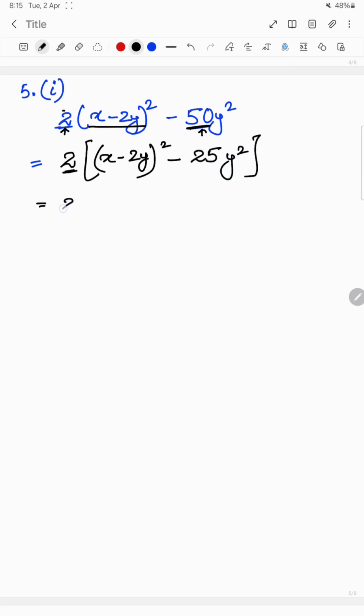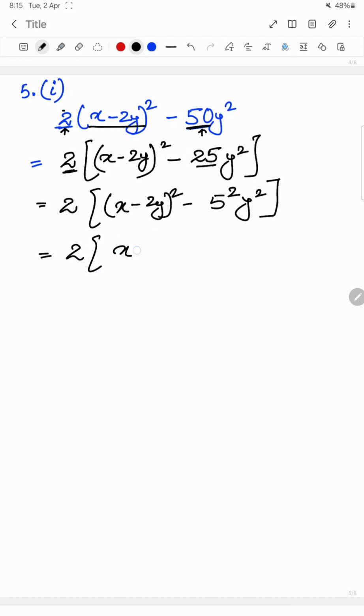So now in the second step, I have to convert that number 25 into a perfect square, that is 5 square y square. So you see that the numbers I have within the bracket are squares. So here this x minus 2y is a square, minus 5y whole square is the b.